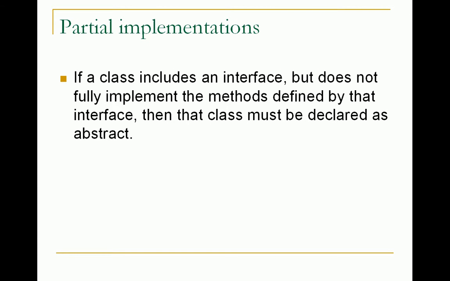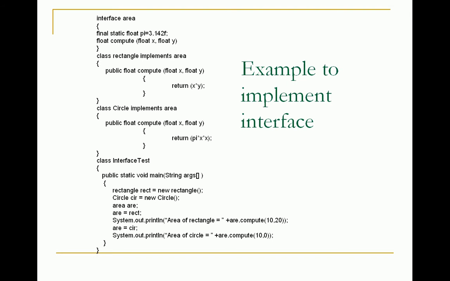Then we come to partial implementations. In the previous example, we have an interface area with a variable declared in it, and only one function. Suppose we have another function called show in the same interface, but the classes have implemented only one method called compute.